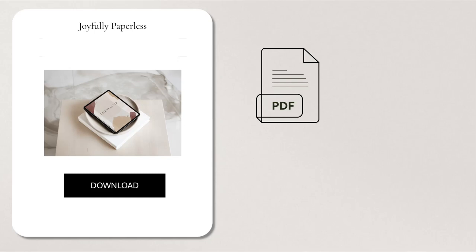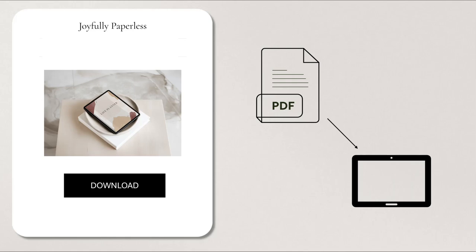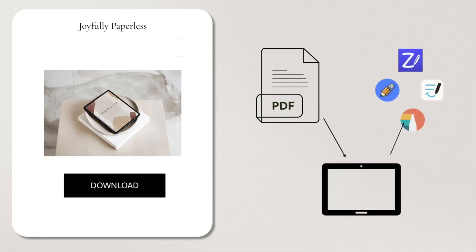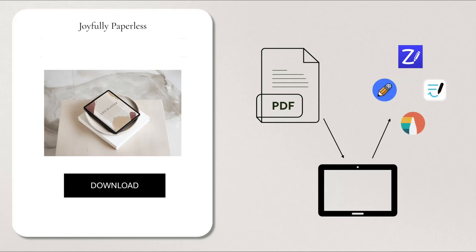You then have to take that PDF and download it to your device. And then on that device is where you upload the PDF into the annotator app. Okay, it goes PDF, you download it to your device, and then you get it into the annotator app where you can actually use it.